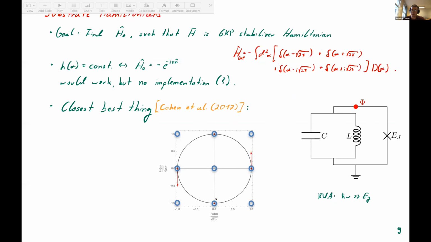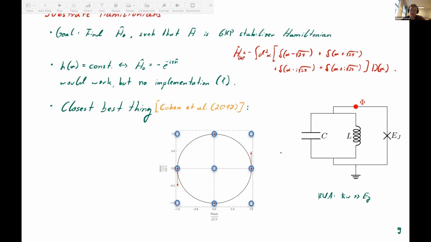Effectively what we want to target is a Hamiltonian that is supported on these 4 dots. These 4 dots in this picture represent the characteristic function of the GKP Hamiltonian. So ultimately all we need is to find a Hamiltonian that has support on these 4 dots.